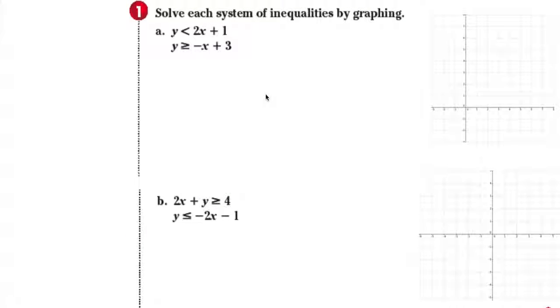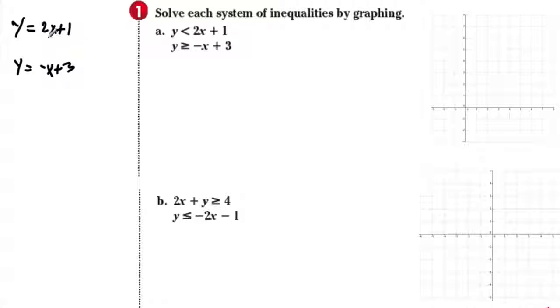Let's take a look at example number 1. Solve each system of inequalities by graphing. You have y less than 2x + 1 and y greater than or equal to negative x + 3. In order to graph these two inequalities, we need to graph the boundaries. For the first inequality, the boundary is y = 2x + 1, and for the second inequality, the boundary is y = negative x + 3.